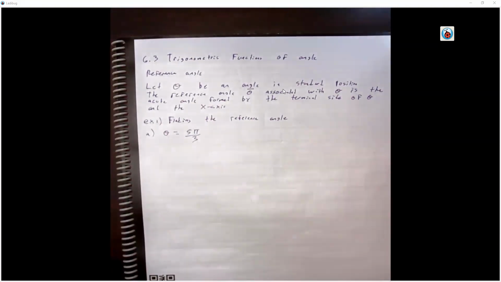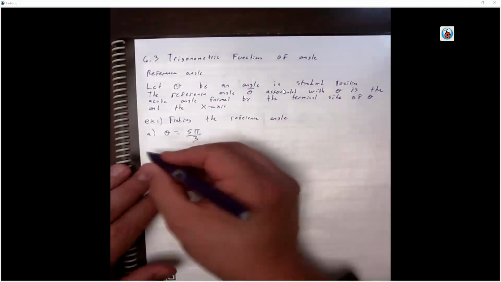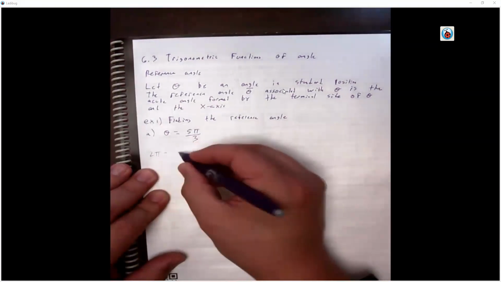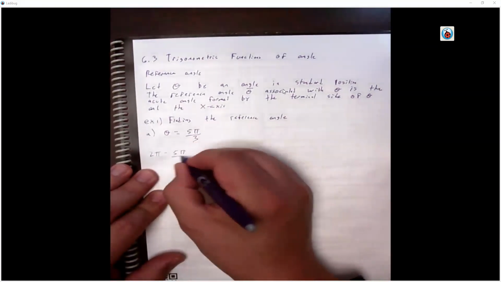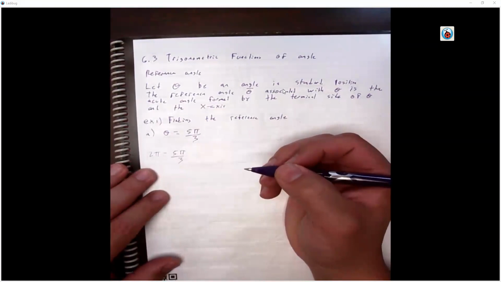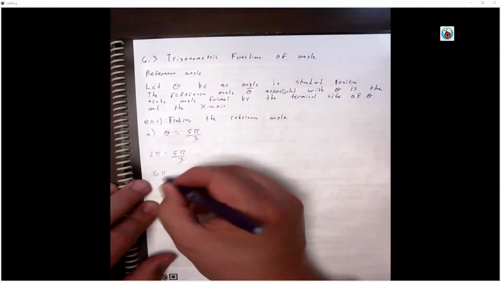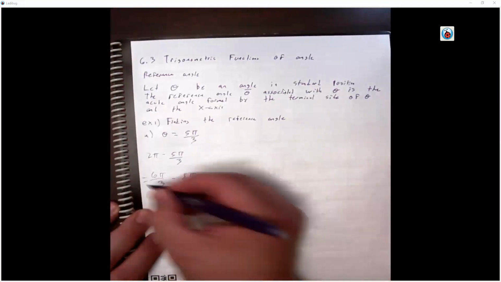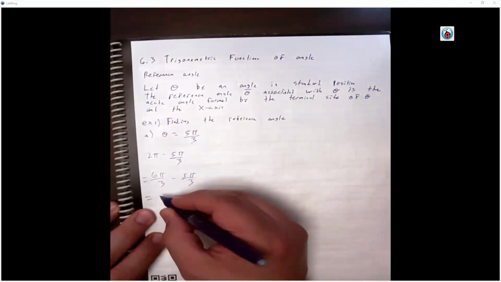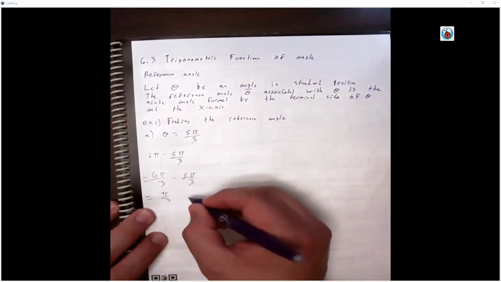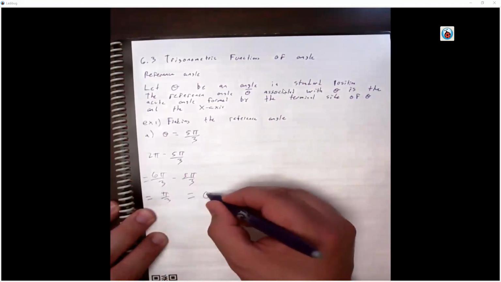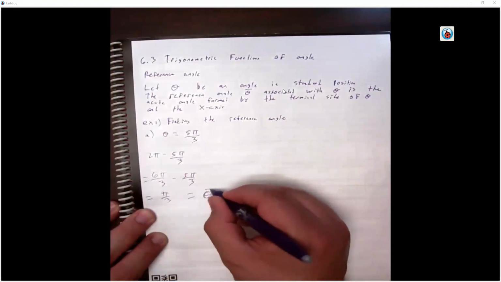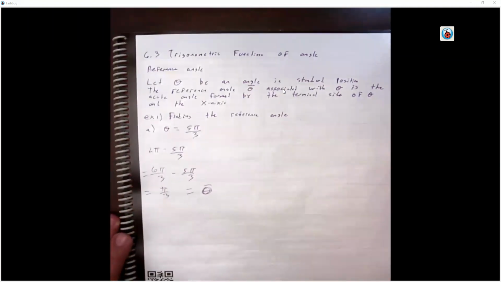So they want the reference angle. 2 pi minus 5 pi over 3. Common denominator will give us 6 pi over 3 minus 5 pi over 3, which is pi over 3. This is theta bar, the reference angle.